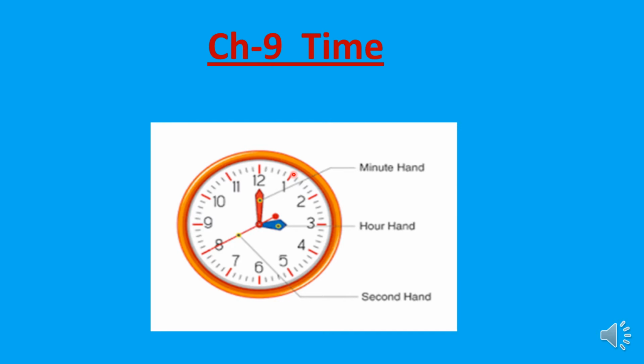If the minute hand is at 1 and it moves to the next, 2, how many minutes have passed, children? 1, 2, 3, 4, 5. When the minute hand moves from one big division to the next, 5 minutes have passed.